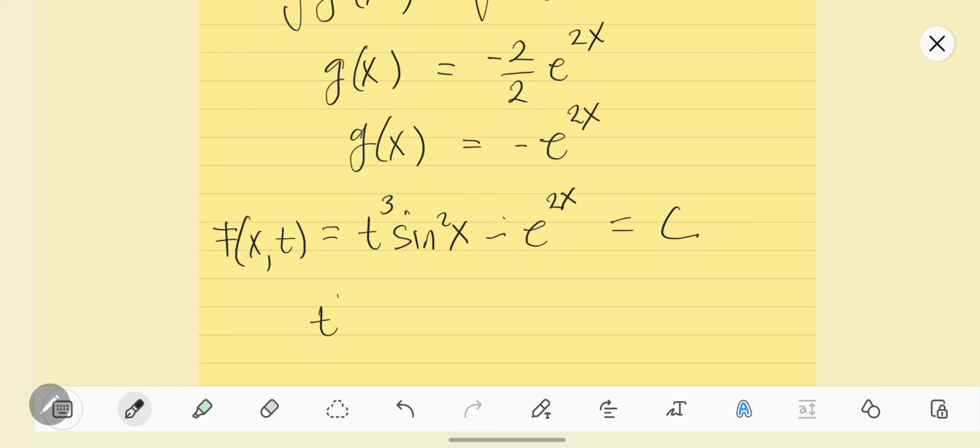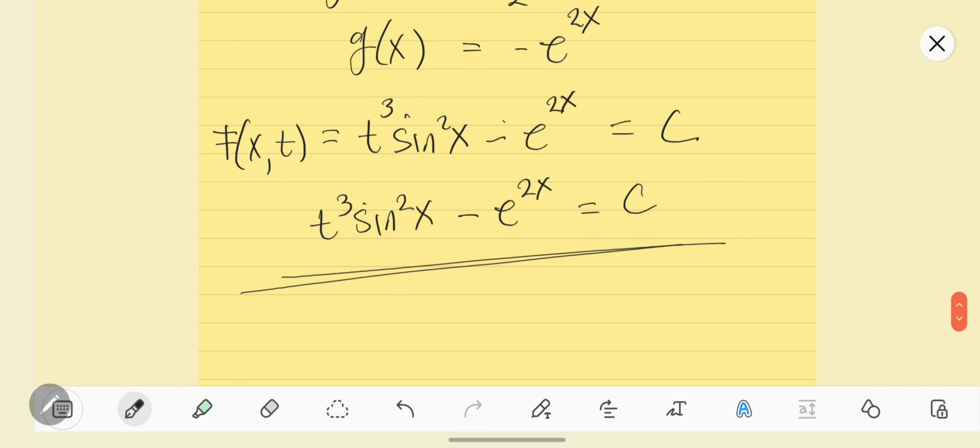So our equation would become t cubed sine squared x minus e to the 2x is equal to c. Now this is your solution. Okay, so thank you. Good luck.